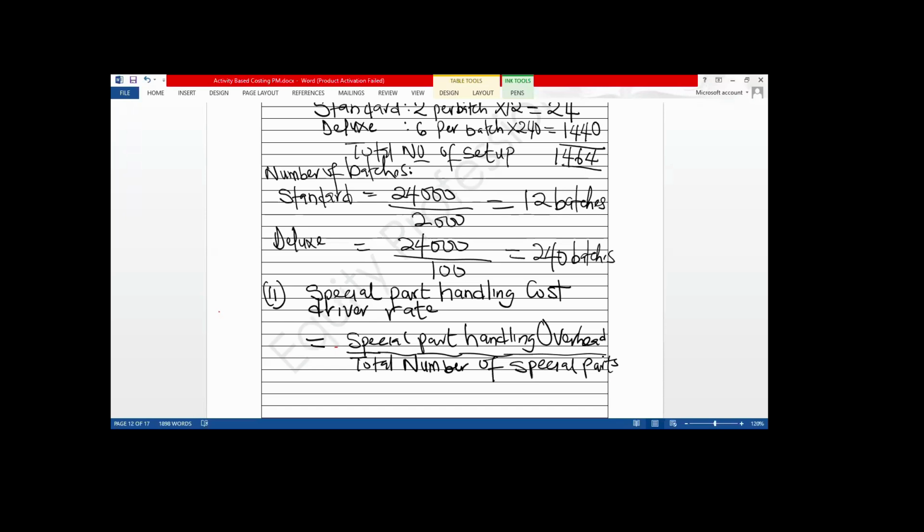Examiner says number of special parts per unit. For standard it is 2, while for doulos it is 8. That means the examiner has attached per unit to it.